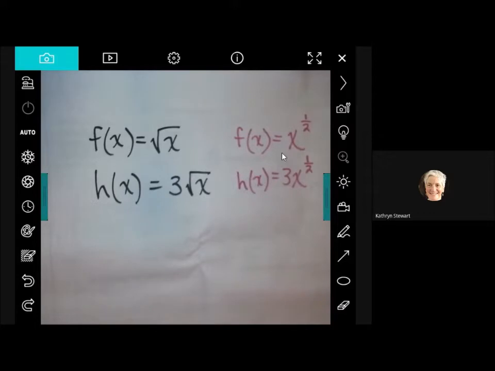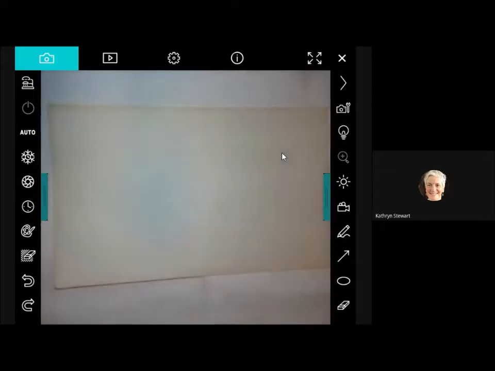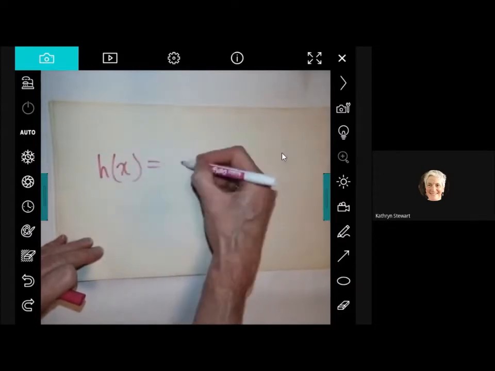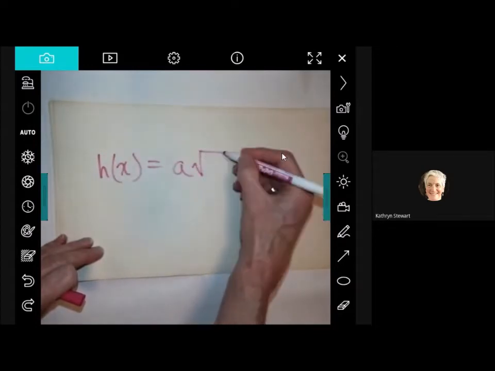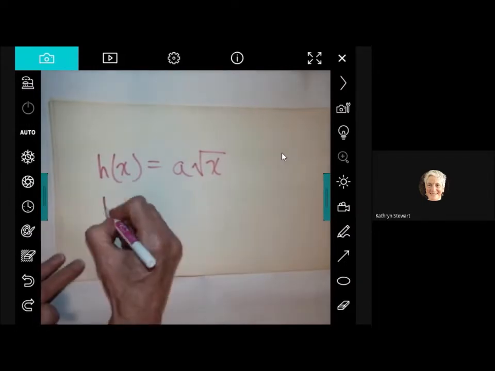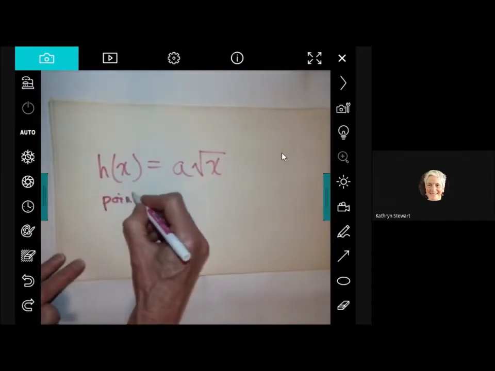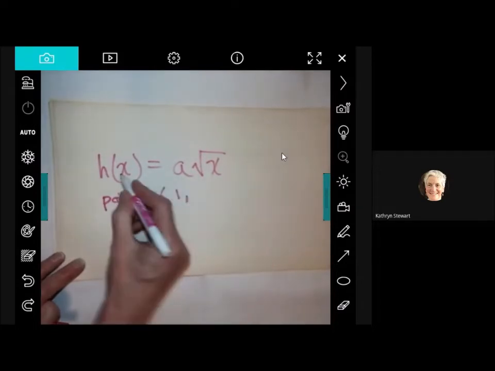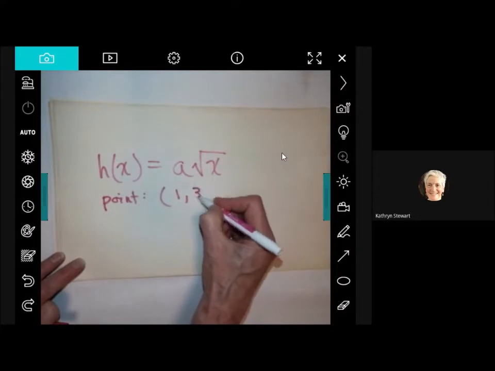But the other way we could have done it is we could have said, all right, I know h of x is some number times the square root of x, right? I know it's dilated by something. So you can actually plug in an actual point on h of x. I think that we noted that when x was 1 on this new function, my y was 3.